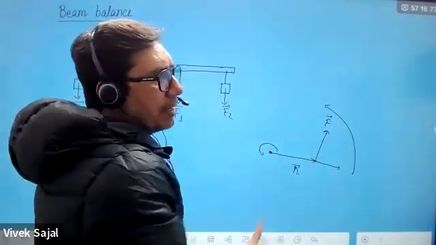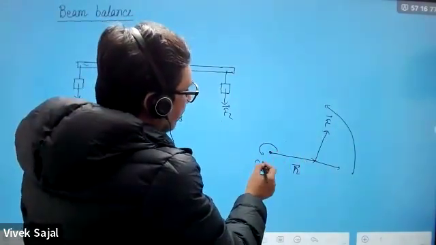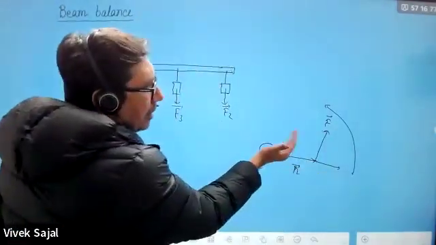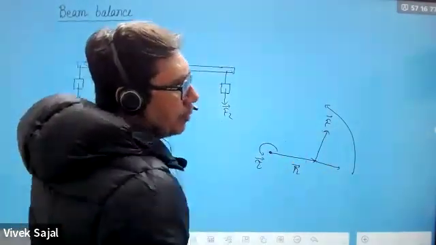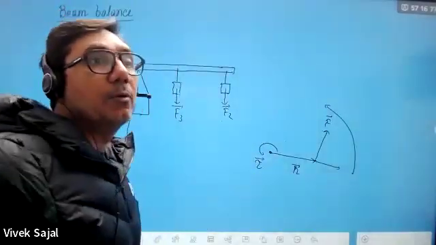Torque will be along the axis of rotation. Okay, so torque is always acting along the axis of rotation. In the upward direction, if you write it like this, with the thumb in the outward direction, torque is always going to act in the outward direction.